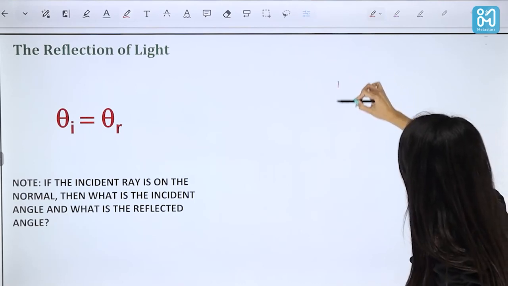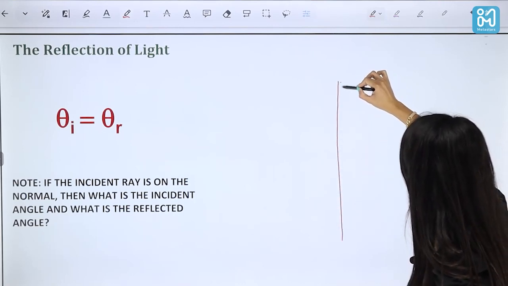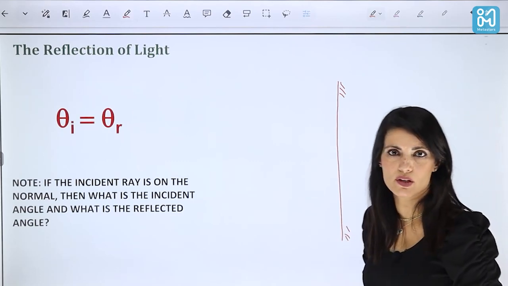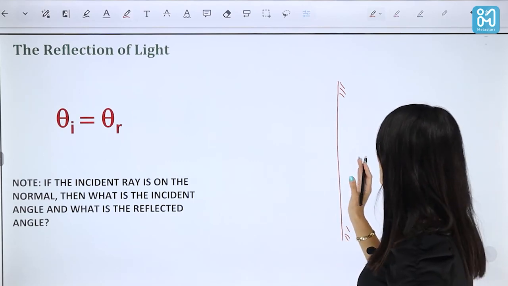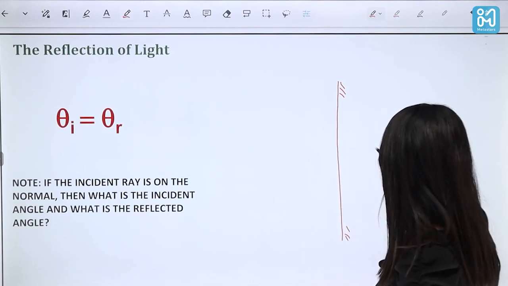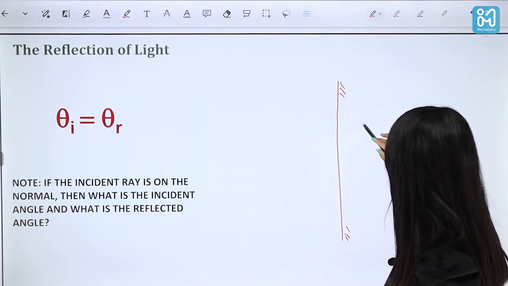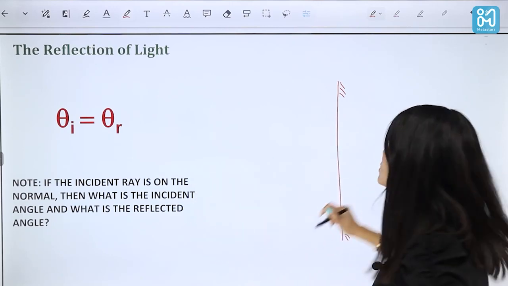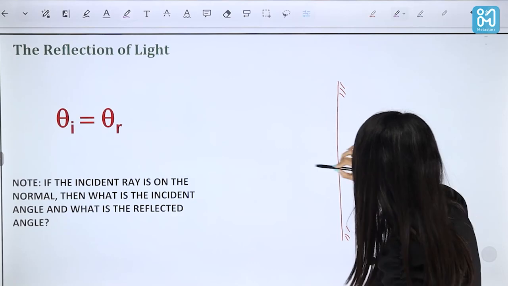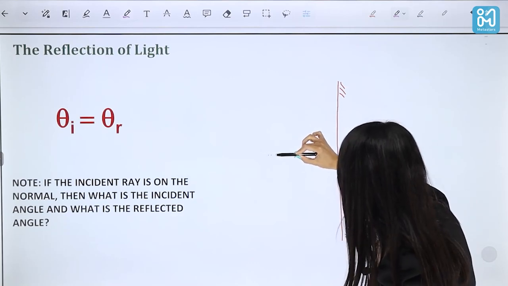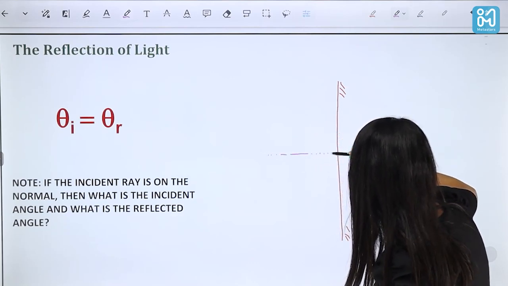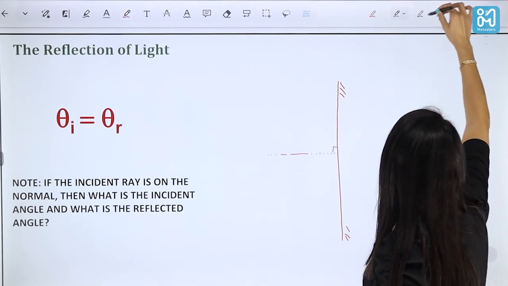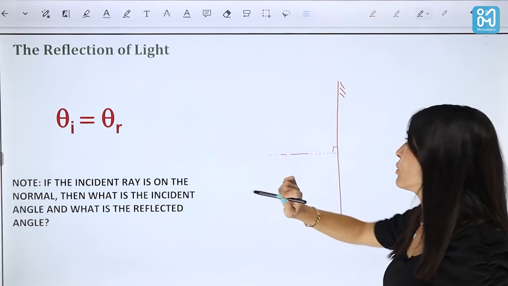This is how we represent the surface of a mirror, for example. We said that the incident ray is on the normal. So let's draw the normal here, the dotted perpendicular line. They said that the incident ray is on the normal.